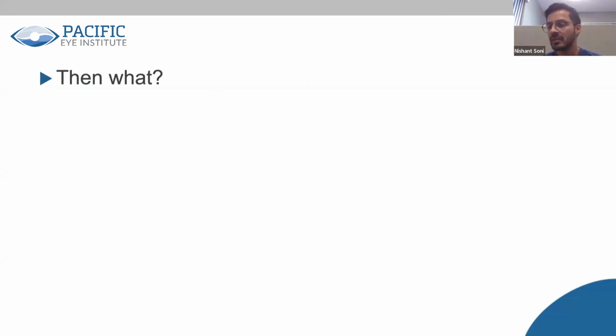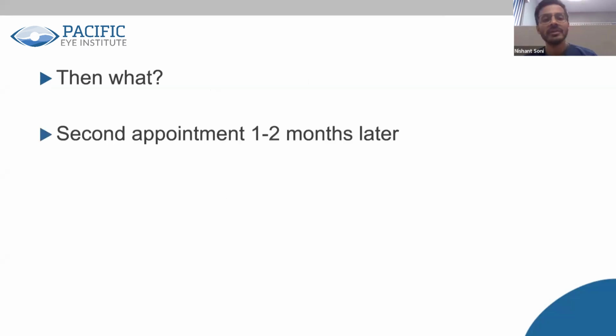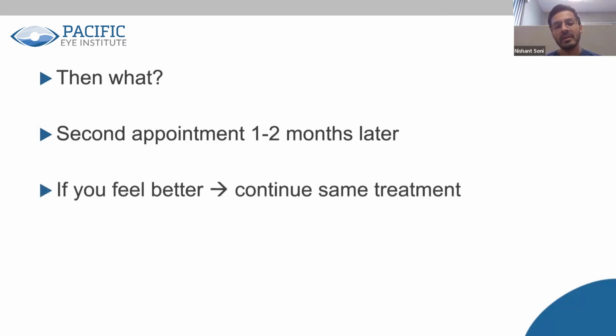After the first visit and after starting the treatments, then what? For the second appointment, I'd like to give it about 1 to 2 months of really trying the first treatment. And then if you feel better, then we continue what you're doing. We usually check up around every 4 to 6 months to make sure things aren't getting worse and make sure we don't need to change the treatment.